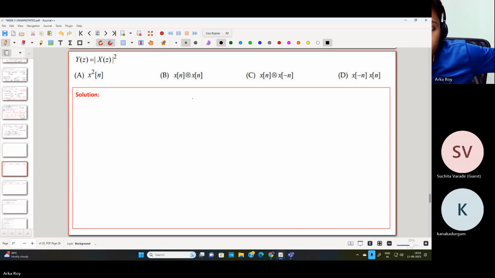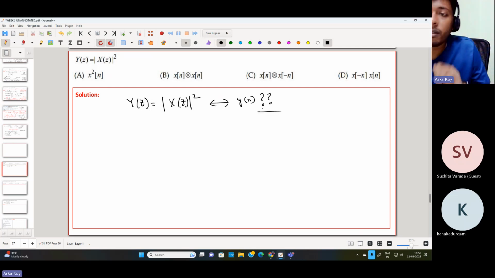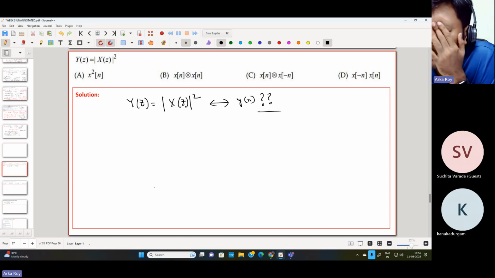So in the next question, we have Y(z) is equal to X(z), and we have taken mod square. So we need to find y[n]. This is the question. So this is a very simple question. Can you tell me which of the options is the correct one?